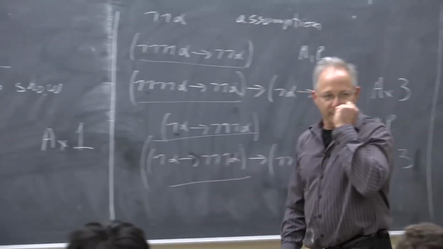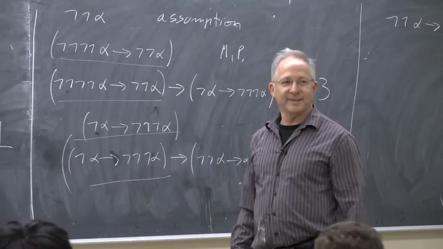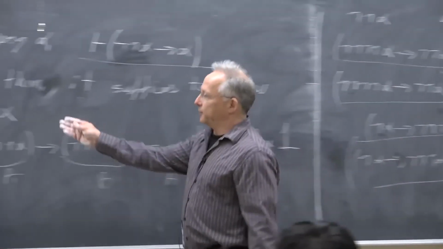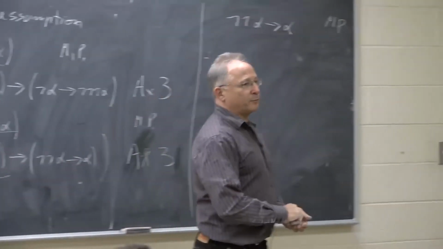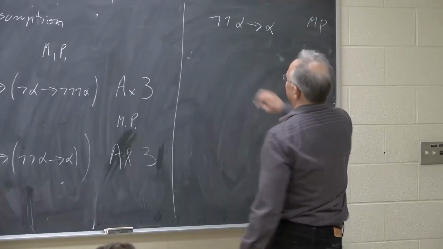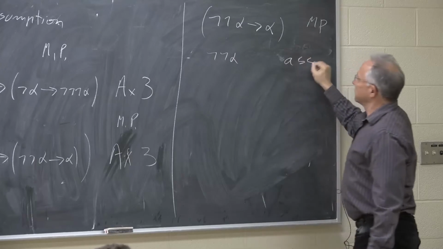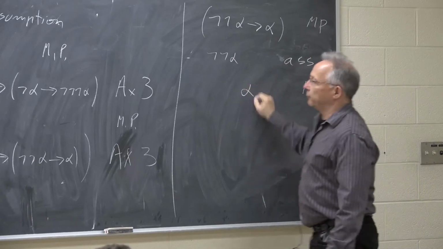Why are we not done yet? Yes? Because we changed it so we have to now prove. Right. We have to get A, not just I. Because now I need to prove something different. Now I need to prove just alpha from the assumptions. Okay, but I have these assumptions, so how will I prove alpha? Again, I'll write not alpha assumption, and I'll do modus ponens, and I get alpha.